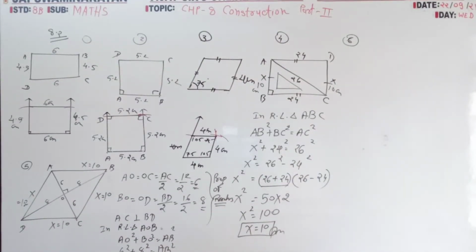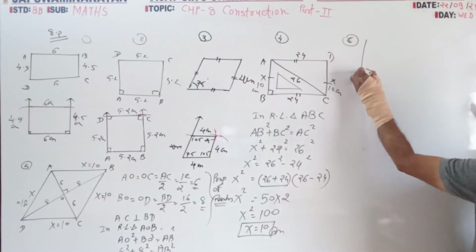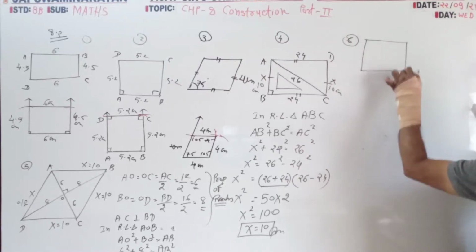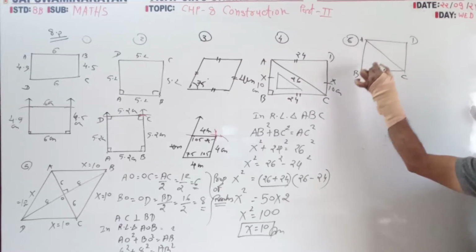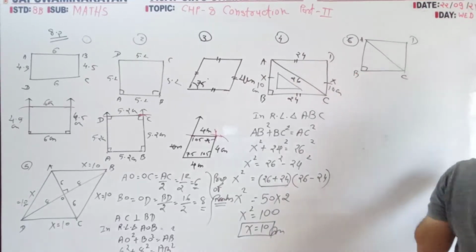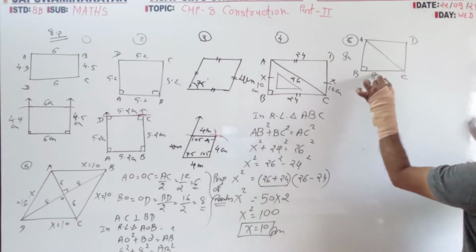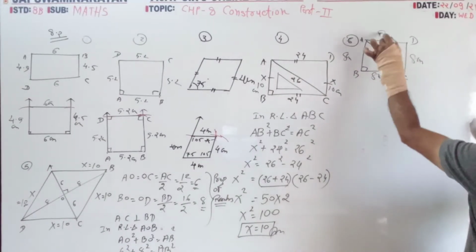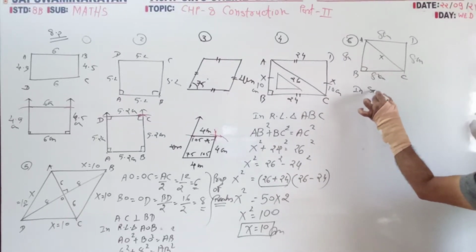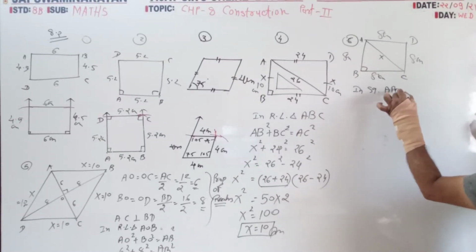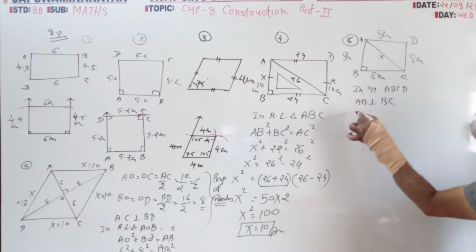Find the length of the diagonal of a square whose side is 8. Very easy. It is given a square. We want the diagonal. So A, B, C, D. 8 centimeter is given, 8 centimeter on each side. In square ABCD, AB is perpendicular to BC.